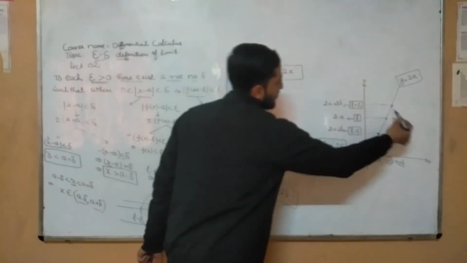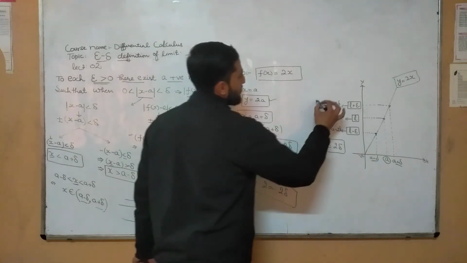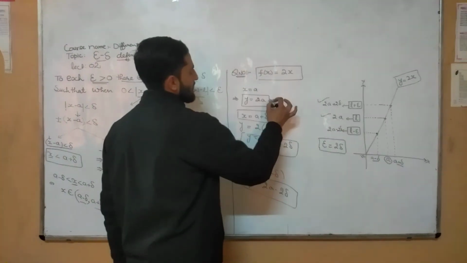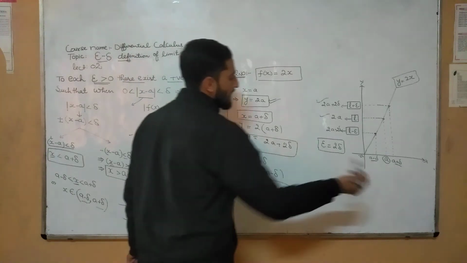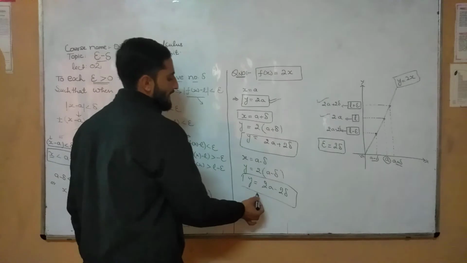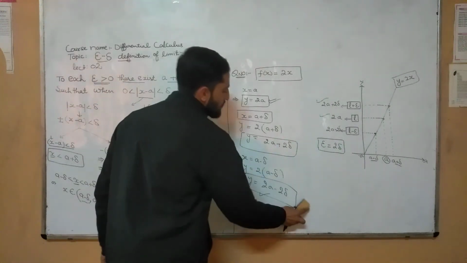For a we take L is equal to twice of a, we get this value here, and also for a minus delta we get twice of a minus delta. What is the meaning of all these values?